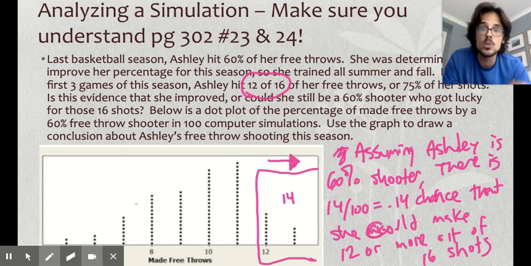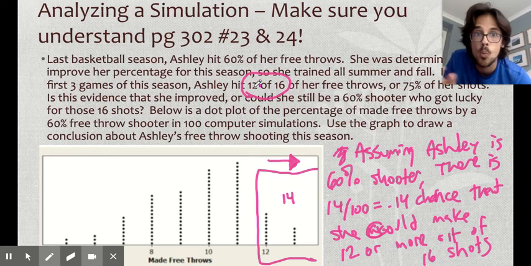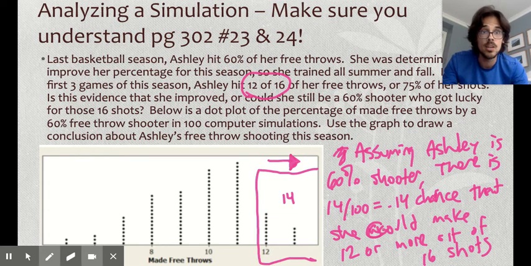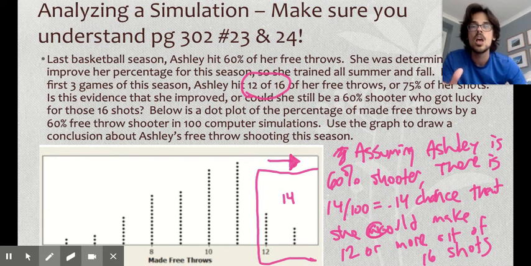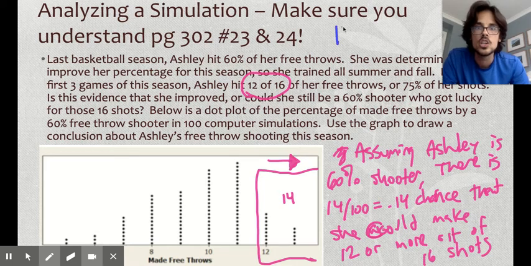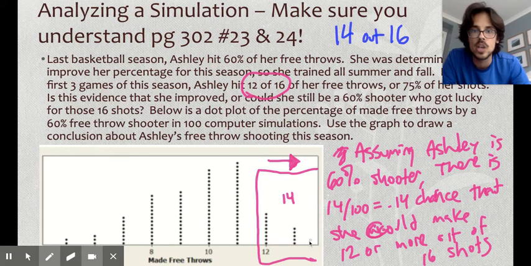But basically what you do is you figure out what happened in real life plus anything more extreme than that, and you figure out if that probability is low enough. Let's say same exact situation, but instead of hitting 12 out of 16 shots, she actually hit 14 out of 16 shots. Well, she never got 14 out of 16.